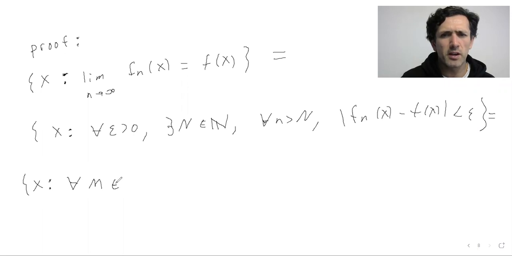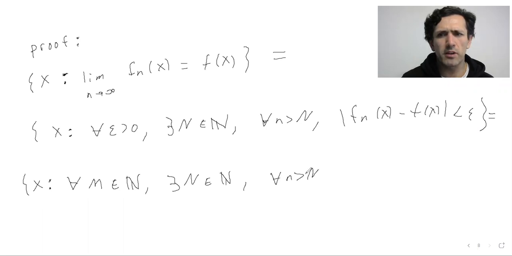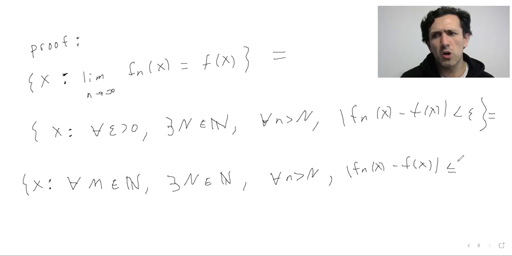For any natural number M, there exists an N where for any n bigger than N, the absolute value of Fn of x minus F of x is at most 1 over M. So to represent an arbitrarily small number, we can just take 1 over M for any natural number M. The larger M gets, the smaller 1 over M is.